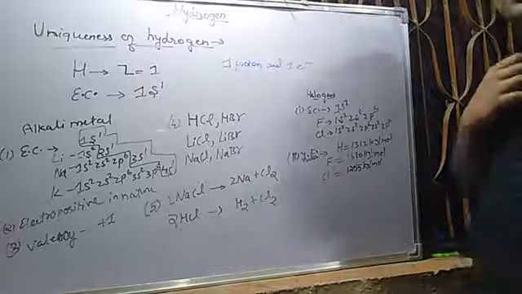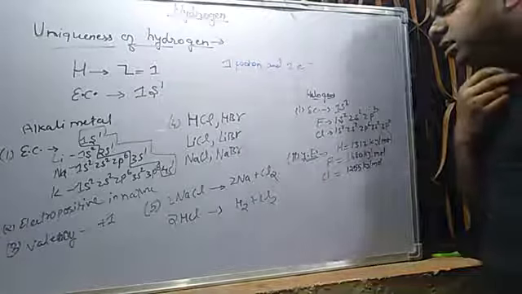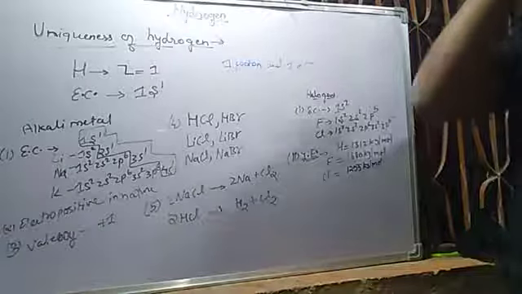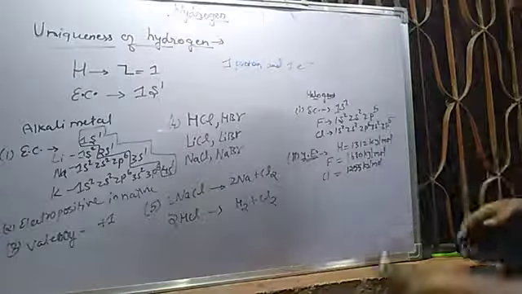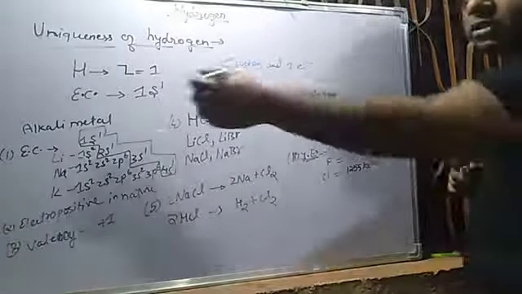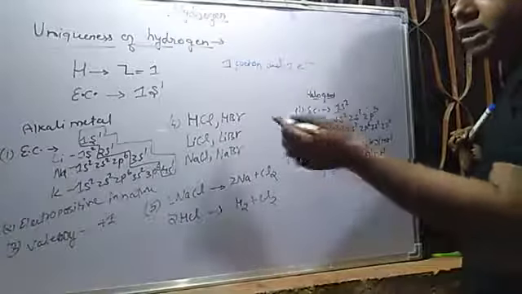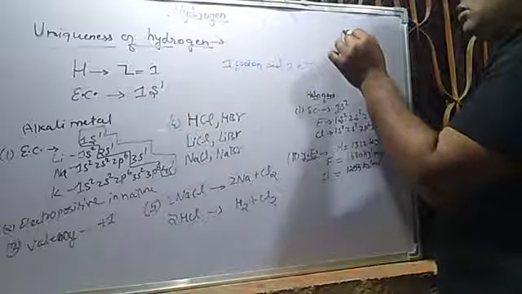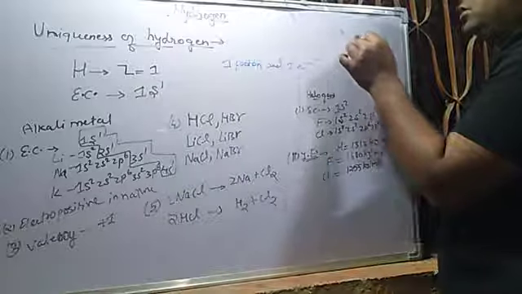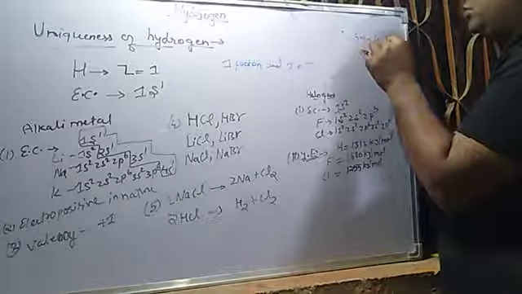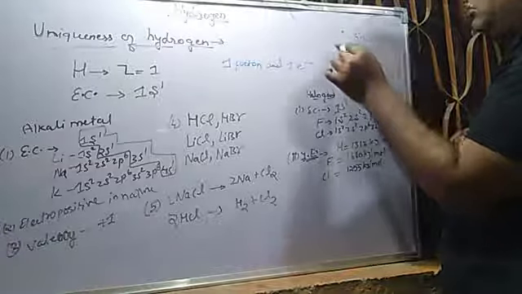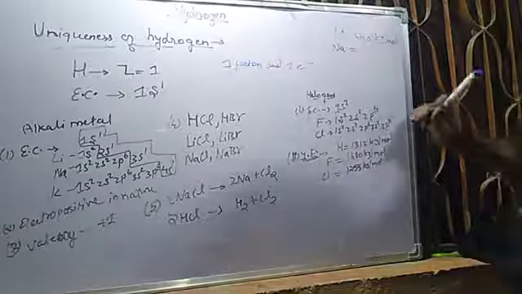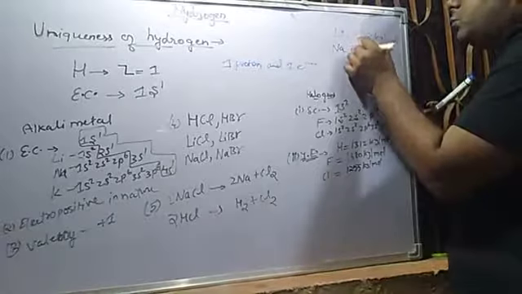So this shows that hydrogen is very near to the halogens in terms of ionization enthalpy. While for lithium, the ionization enthalpy is 520 kJ per mole, and for sodium it is 496 kJ per mole.